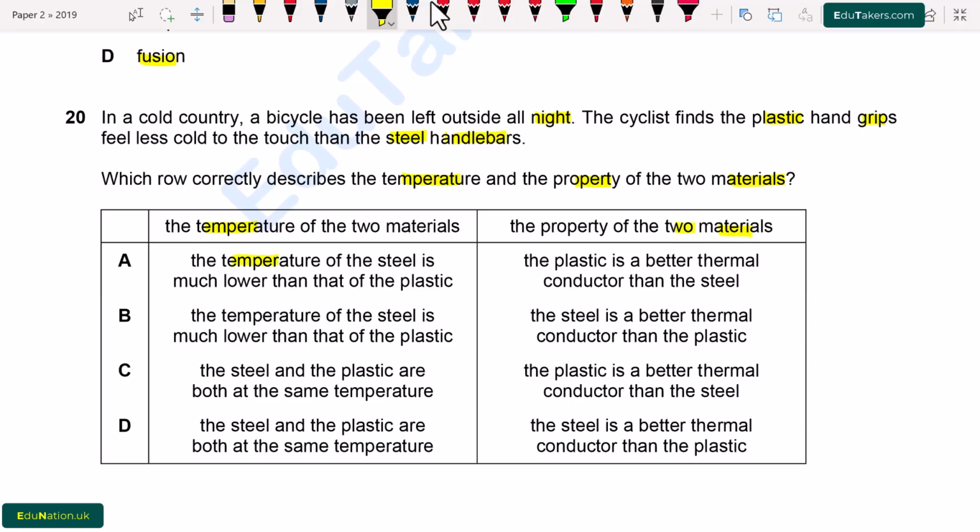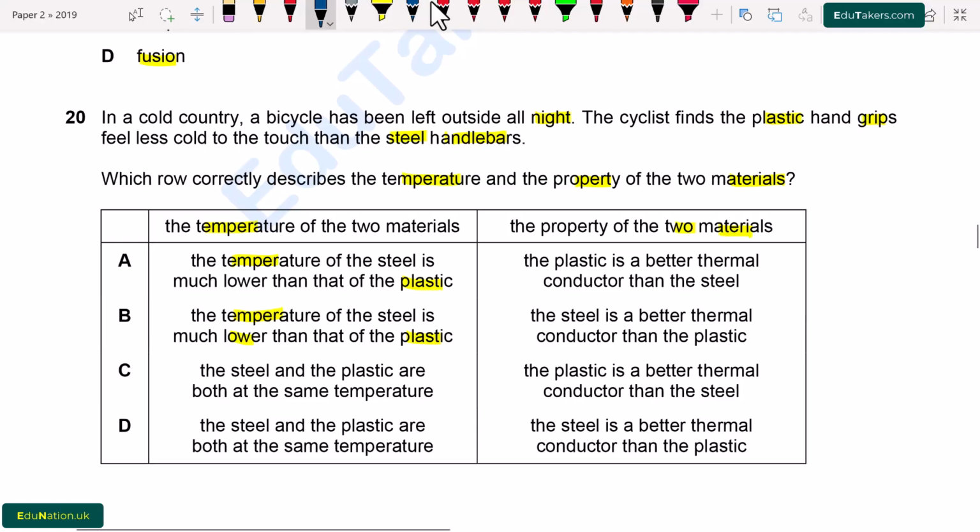Option A, the temperature of the steel is much lower than that of the plastic. The plastic is a better thermal conductor than the steel. So this option is incorrect because the temperature of the steel is not smaller as compared to that of the plastic. Option B, the temperature of the steel is much lower than that of the plastic.